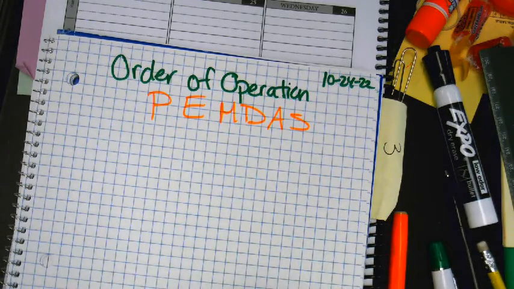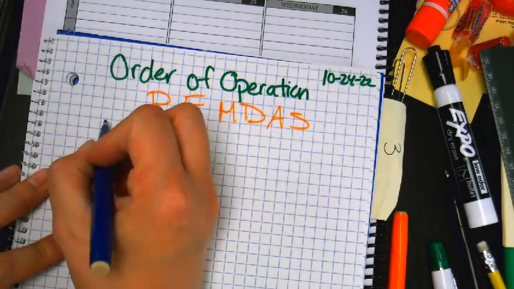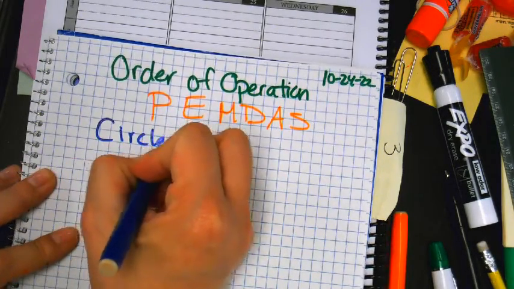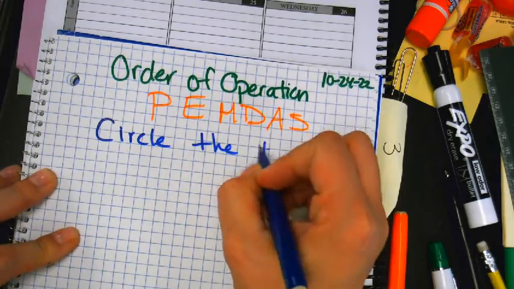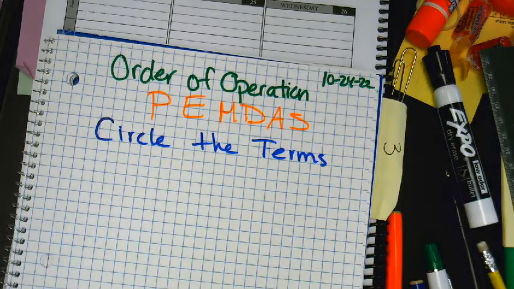So in 7th grade, we teach you a different way of memorizing order of operations. It's called circle the terms, which, if you came here last year, you circled the terms. It also prepares you for algebra.